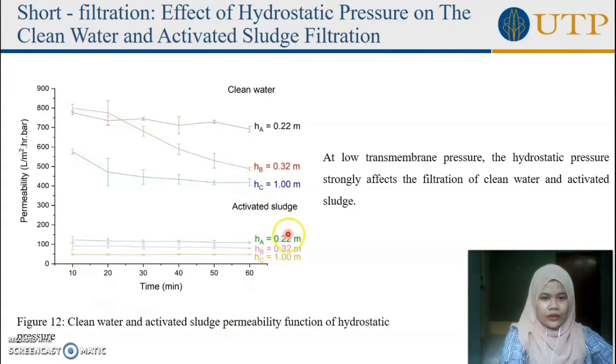Figure 12 also shows that at low transmembrane pressure, the hydrostatic pressure strongly affects the filtration of clean water and activated sludge, which explains why every reactor here for these two parts gives different permeability readings, when generally it is agreed that the permeability readings should be constant at any applied pressure when the membrane reaches permanent compaction.